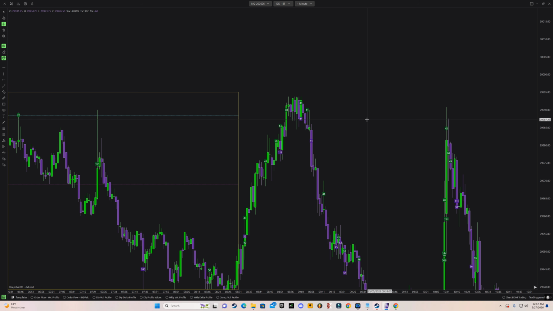And then we need aggressive sellers that get a follow through. So if you look at this bearish candle, this purple candle, we had 41 aggressive sellers that got a follow through. These sellers, first of all, are below these aggressive buyers, right?